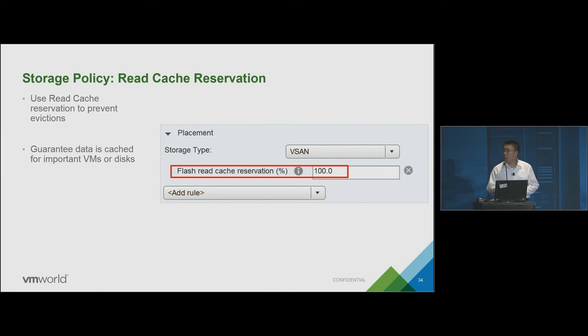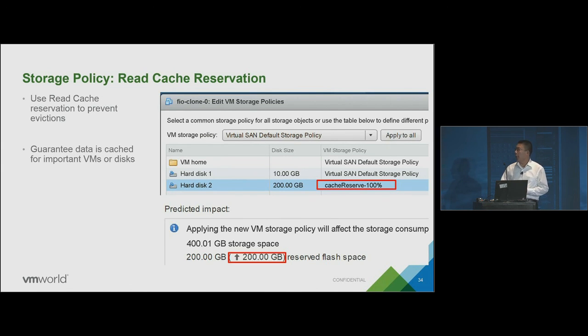And then we apply that policy to the first workload VM and wait until the policy change finishes. Please note that once we apply this policy, the particular amount of read cache is now dedicated to the VM and cannot be shared by other VMs in the cluster.